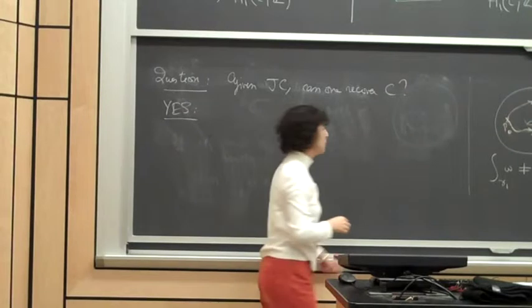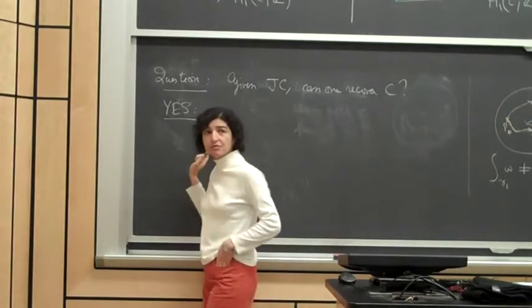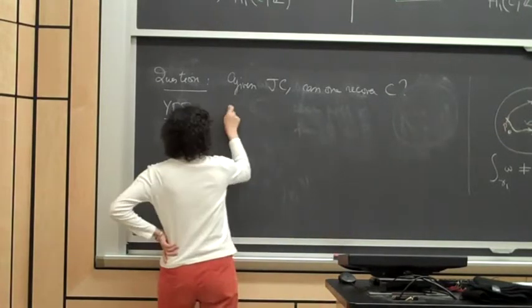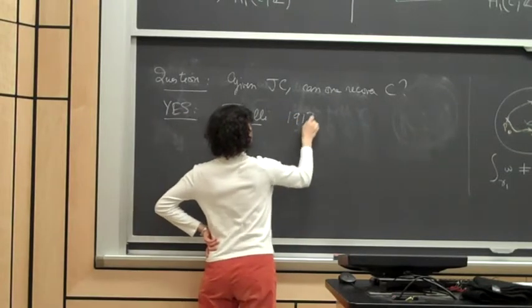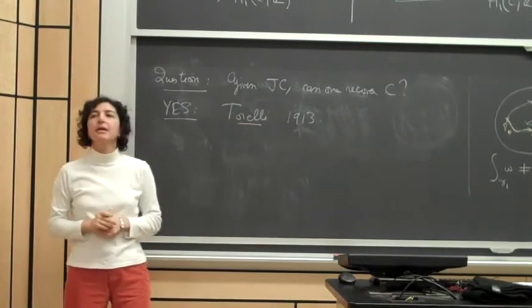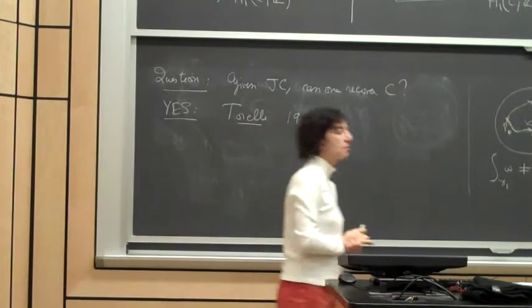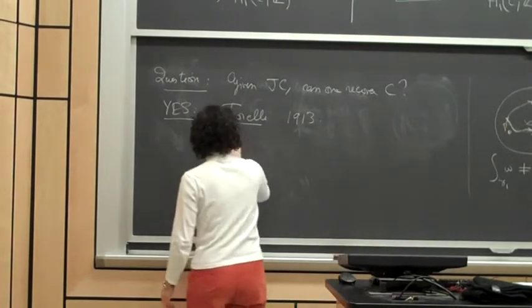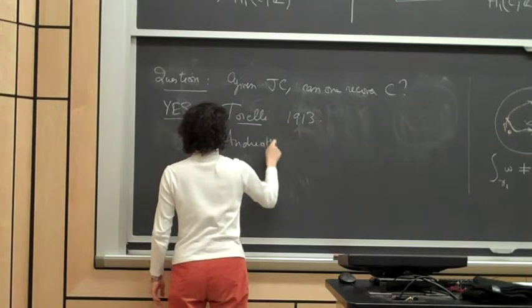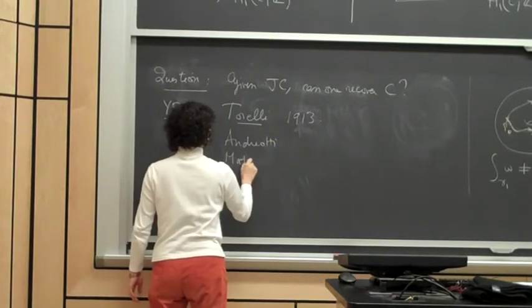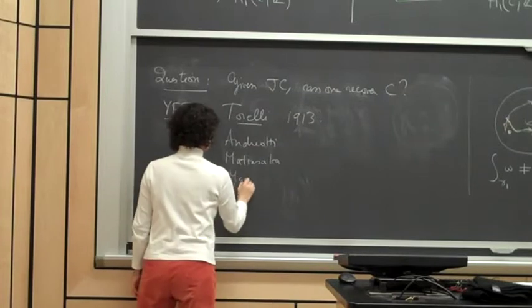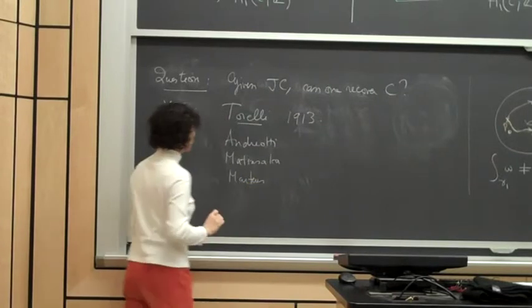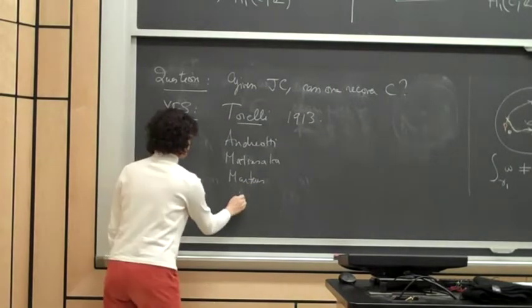Now, the first proof was by Torelli himself in 1950. And then there were many other proofs. Other people came along, like Andreotti, Matsusaka, Martens, and possibly even others. I'm not sure.